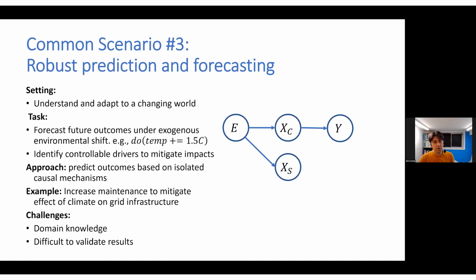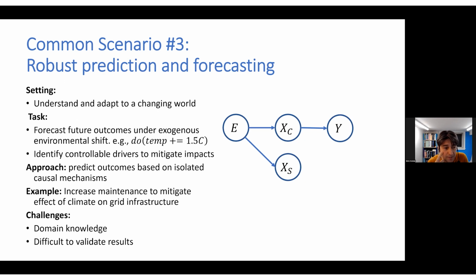The third scenario occurs when a business recognizes that it has to adapt to a changing world, and where they know that they're going to have to extrapolate or generalize from what they're seeing today to a future world that's a little bit different. And they want to make sure that their extrapolation, their guesses about what's going to happen in the future, is robust.